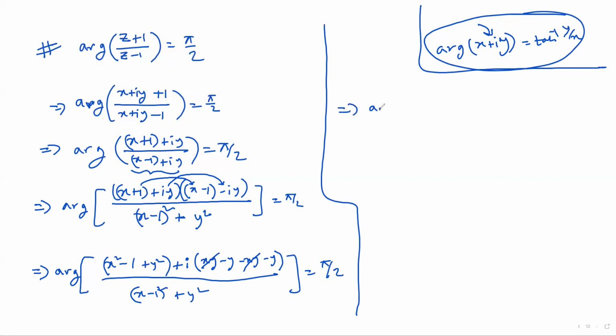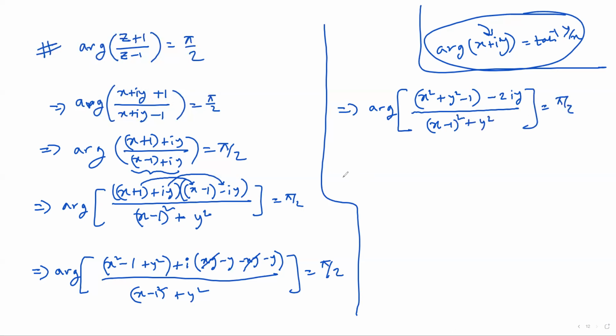So we have argument of, we can just write the number like this: x square plus y square minus 1 plus i times minus 2y, divided by x minus 1 whole square plus y square, equals pi by 2. Now, if you divide into two fractions, you can express the overall fraction in a plus ib form.